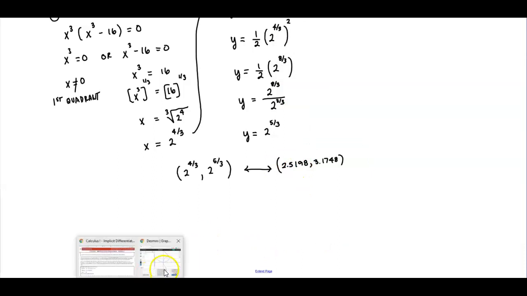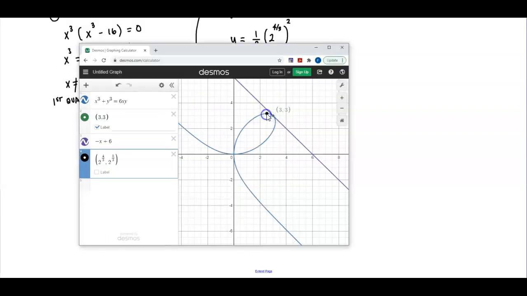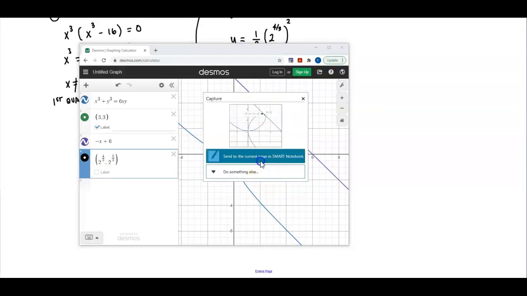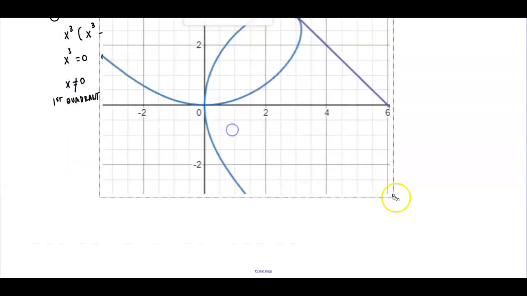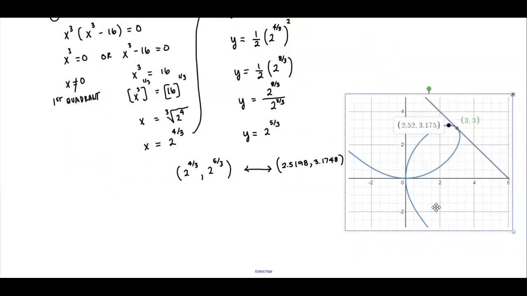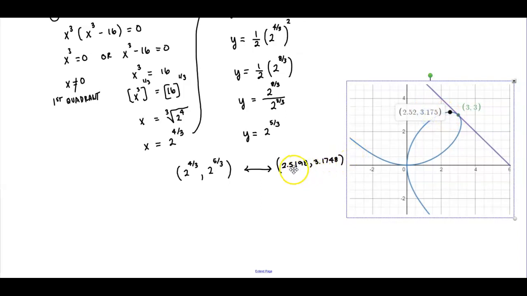So there is that graph, and there's the point on there. And that is going to represent the point where you're going to have a horizontal tangent. We can see that it's estimated here.